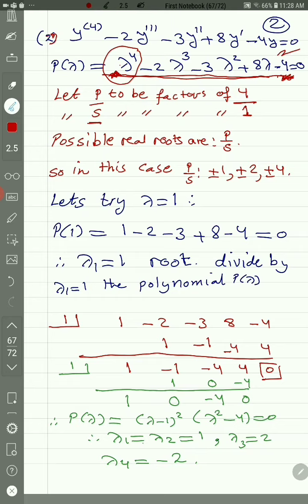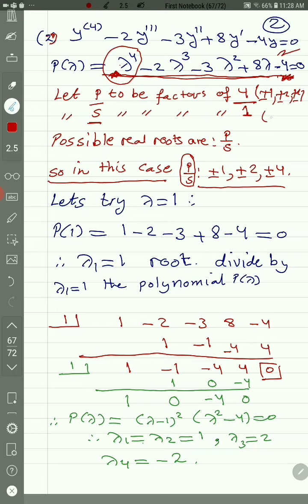Okay? Possible real roots will be P over S. So what you will do here, you take these. So this is what we need, in fact. So in this case, possible real roots are the factors P over S. So the factors of 4, we know it from here: plus minus 1, plus minus 2, plus minus 4.